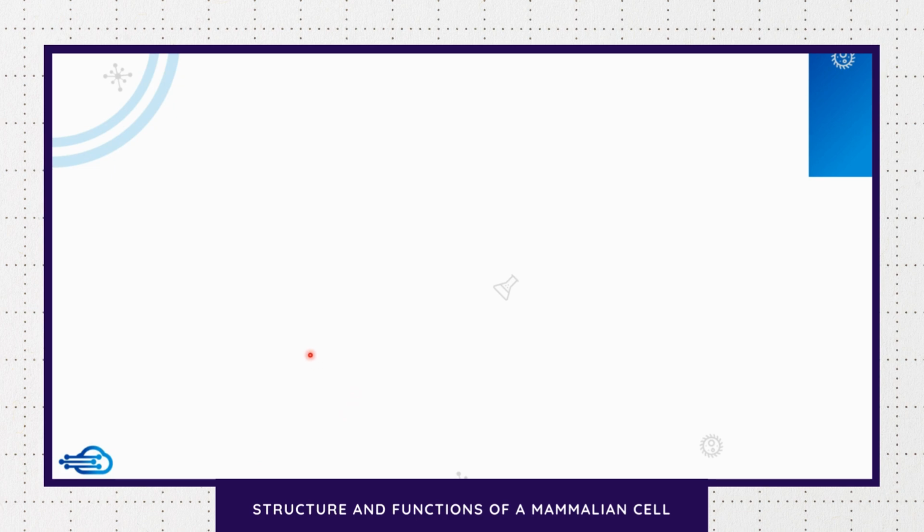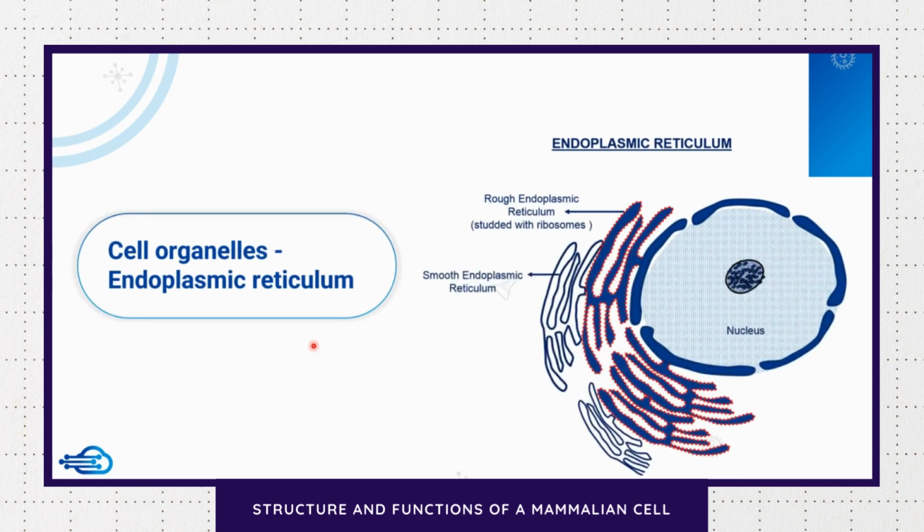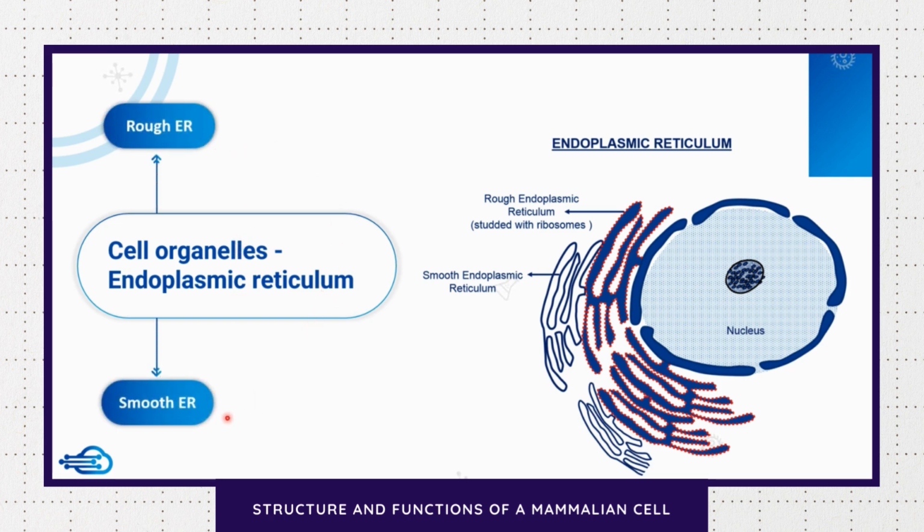Okay, let's move to another organelle, that is the endoplasmic reticulum. Now, we considered that ribosomes were of two types, those on the endoplasmic reticulum and the free ribosomes. Similarly, endoplasmic reticulum is also of two types: rough endoplasmic reticulum and smooth endoplasmic reticulum.